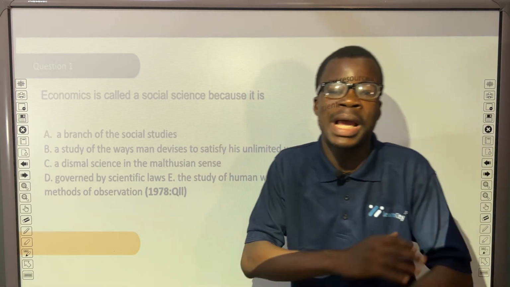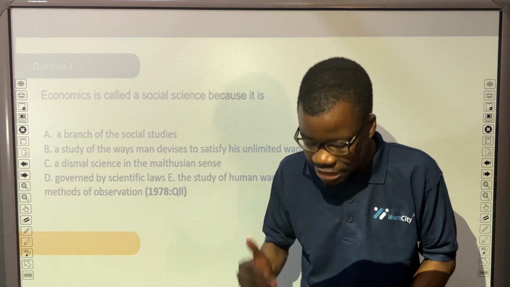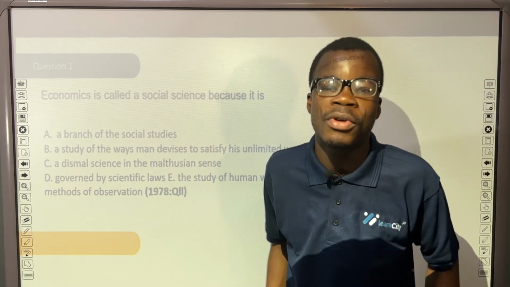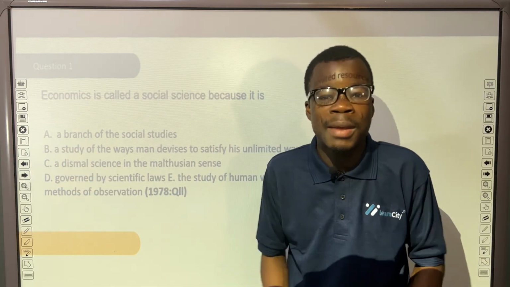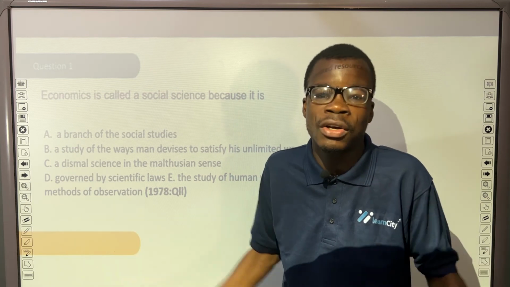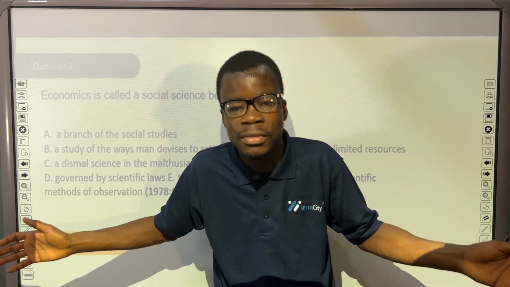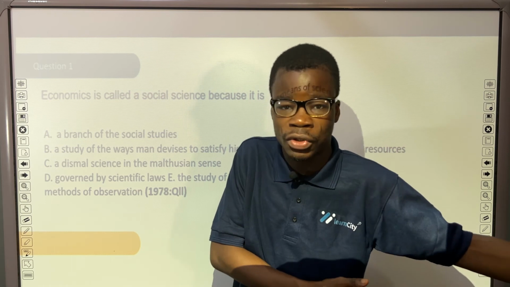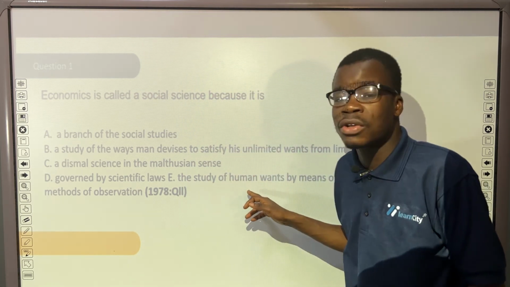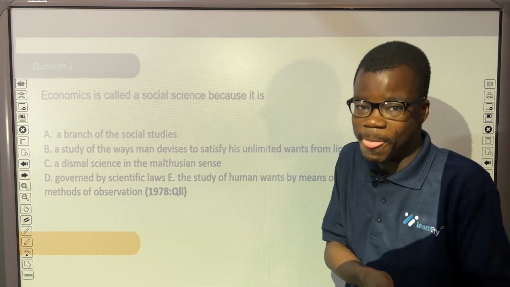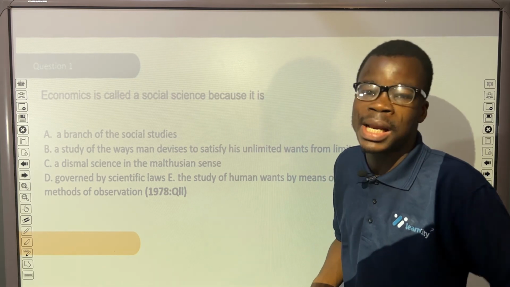Now, if you still remember, there are different rules and different systems that make up the scientific method. We have observation, we have experimentation, we have conclusion, and the rest. But don't forget, economics is not only the study of human wants. Economics studies more than human wants.